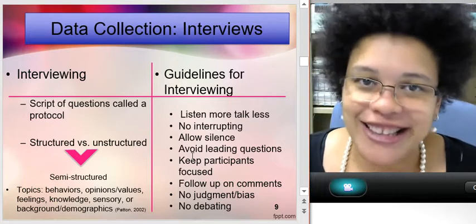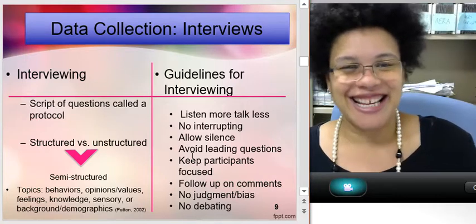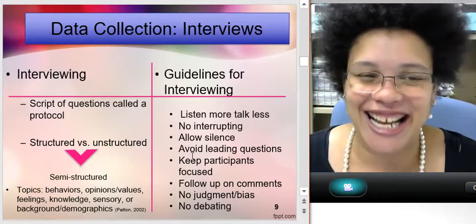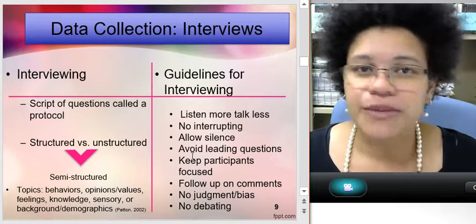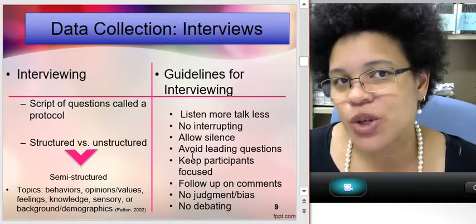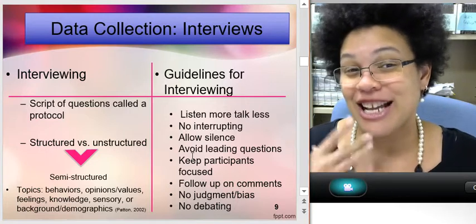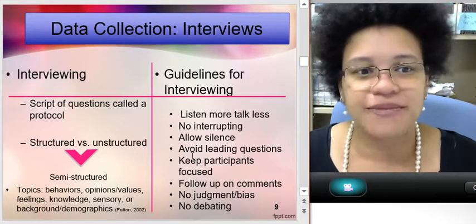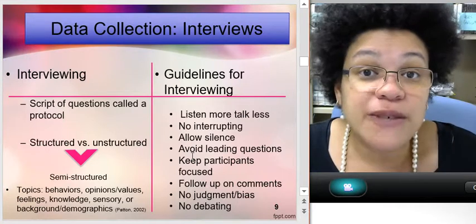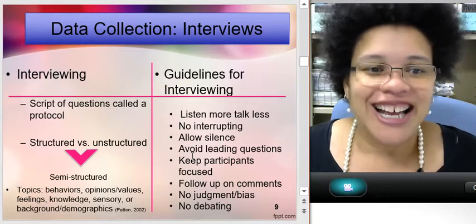Listening more and talking less, which is hard for those of us who are educators, I think, or healers. Not interrupting, being comfortable with silence, avoiding leading questions, so we want to hear the participants' perspective, not just have them regurgitate what we believe. We want to keep the participants focused on our topic without being rude about it.